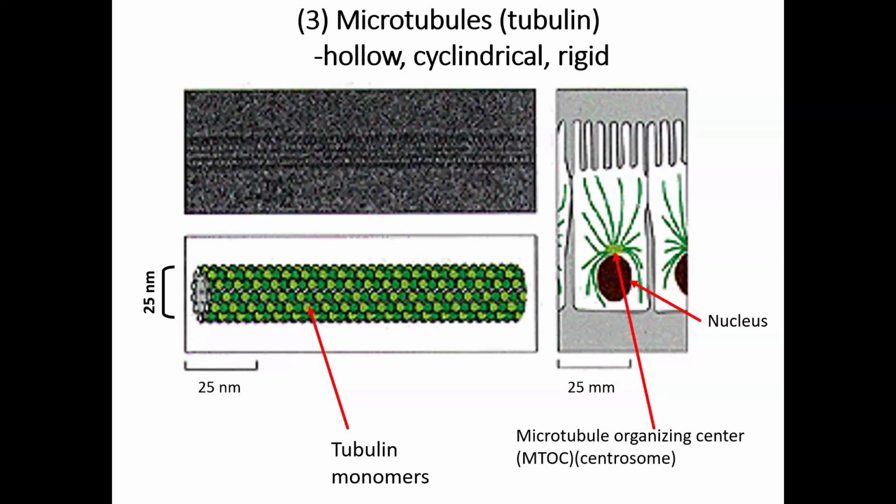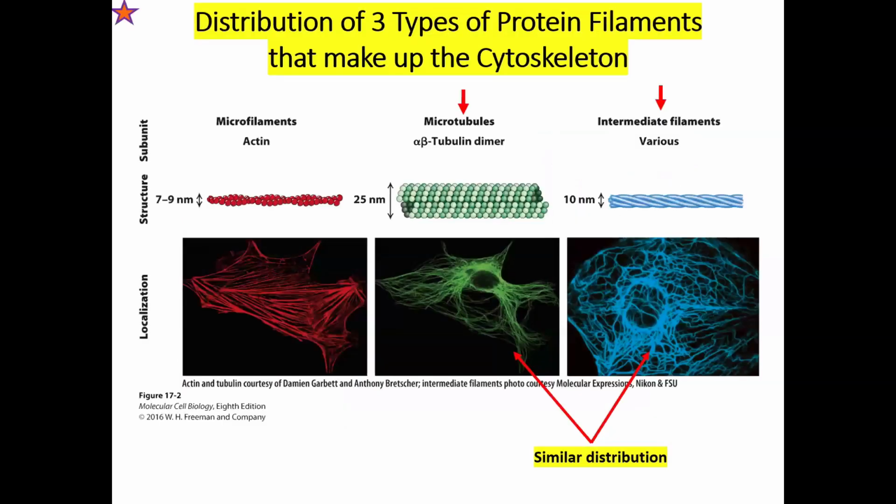The MTOC doesn't need to be the centrosome only; it could be found in other areas, but that's from where they radiate out or grow and shrink. Unlike the intermediate filaments or the microfilaments made up of actin, which can polymerize anywhere they want. They do not need this organizing center to generate these structures.